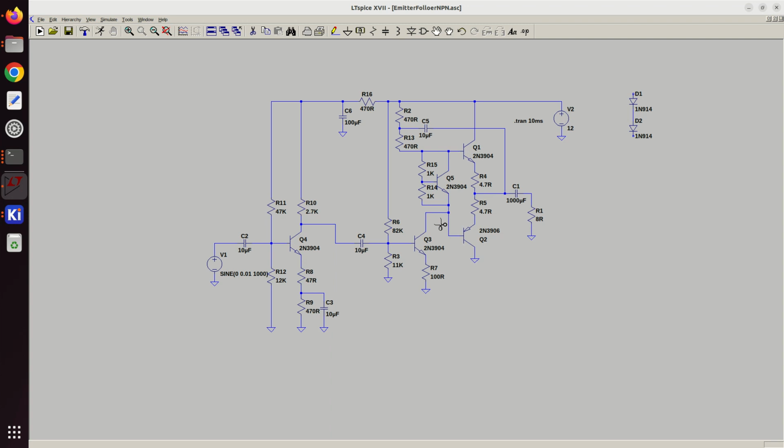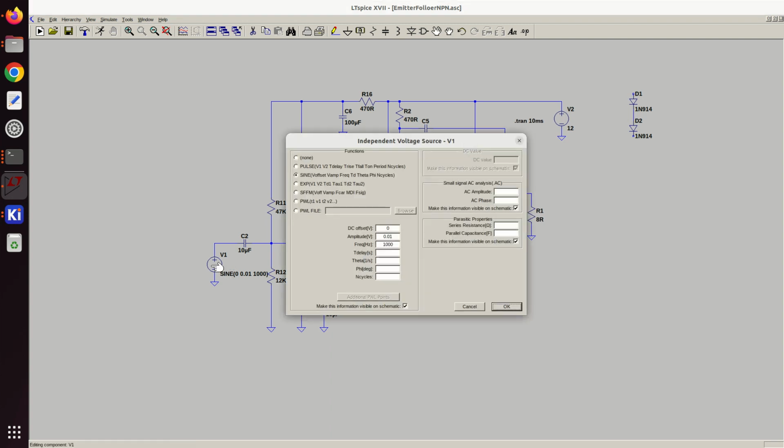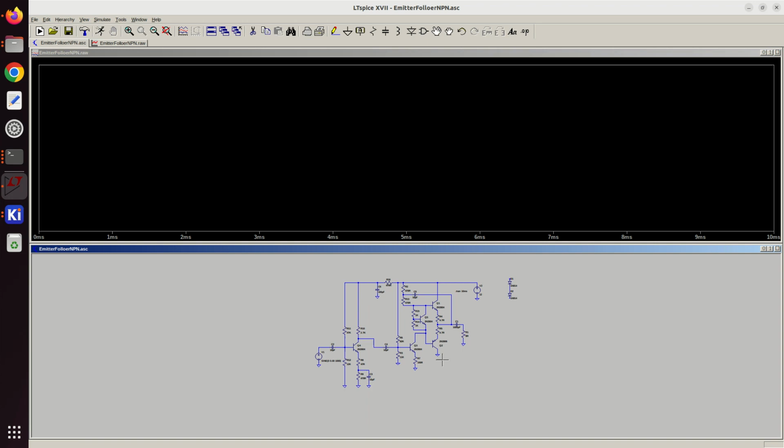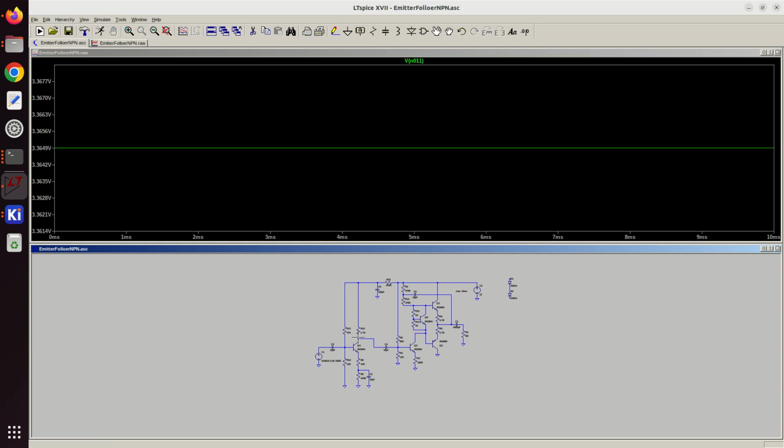Anyway, so then just setting all the bias points. Let's just have a look. Just make sure that everything looks reasonable at DC. So simulated. So we're looking at this. So that's 3.36. I would have liked that to have been about halfway.